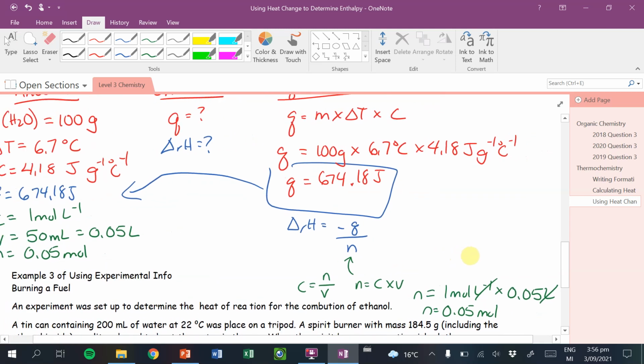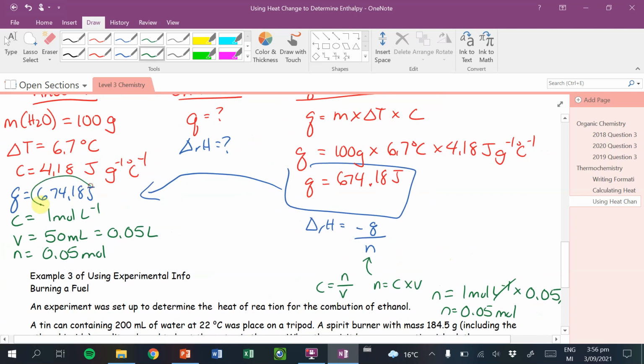So the Q value that I had is this one here, and that's negative. So negative 674.18 joules divided by this value here, 0.05 moles, because that is the amount for that reaction.